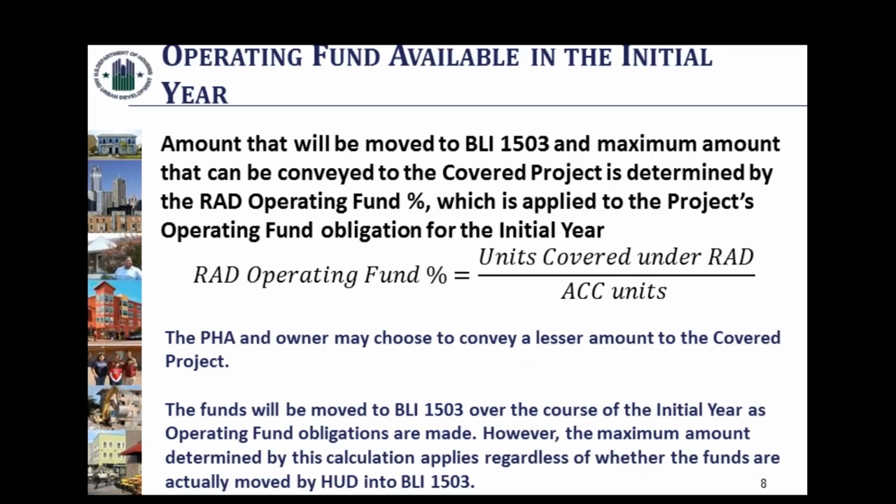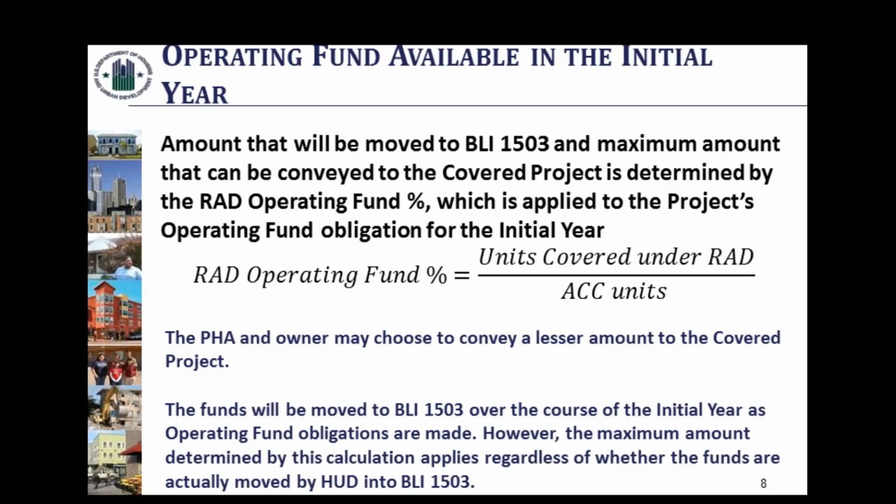If 100% of operating funds from August 1 through the rest of the year are permitted to be conveyed to the property, regardless of whether HUD has moved the money to 1503, the PHA is authorized to convey those funds to the project.